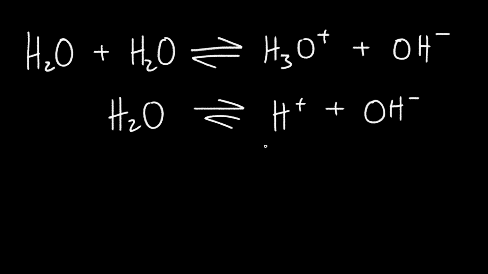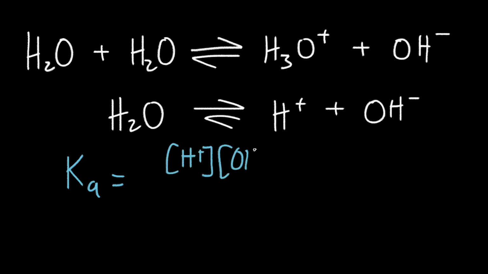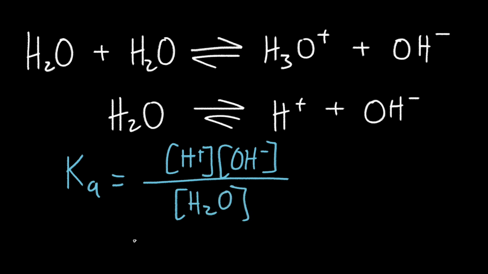Now this looks very similar to other acid equilibria you may have come across, so we can write an equilibrium constant for this reaction. Ka is equal to H+ times OH- over H2O. But very little of this dissociation is actually happening, so the water is essentially pure and its concentration is basically constant.